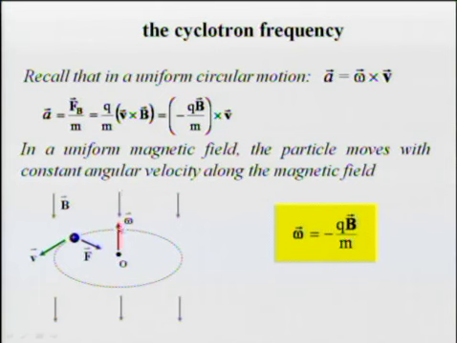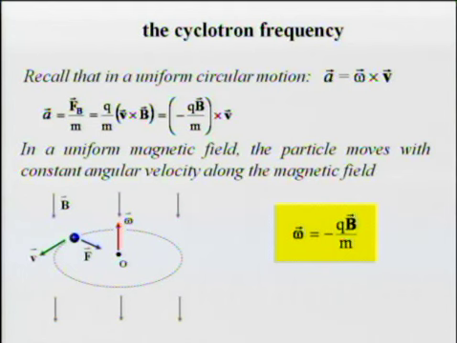We had magnetic field down, angular velocity is up. If charge were negative, then the particle would move clockwise on this picture. So angular velocity would be consistent with the direction of the magnetic field vector.